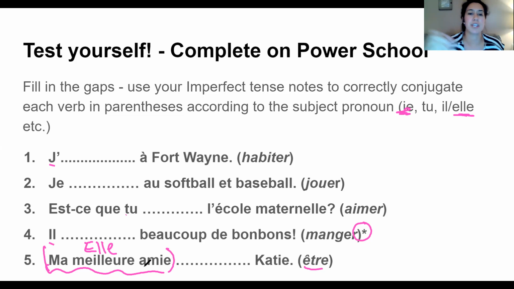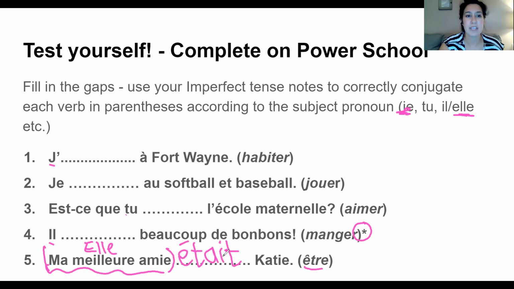Okay, so you're going to change être right here in this gap according to what it would be with elle. How would you say, my best friend was Katie? Okay, I'm going to help you out with that last one. So this last one, my best friend was Katie, would be était. Ma meilleure amie était Cathy.